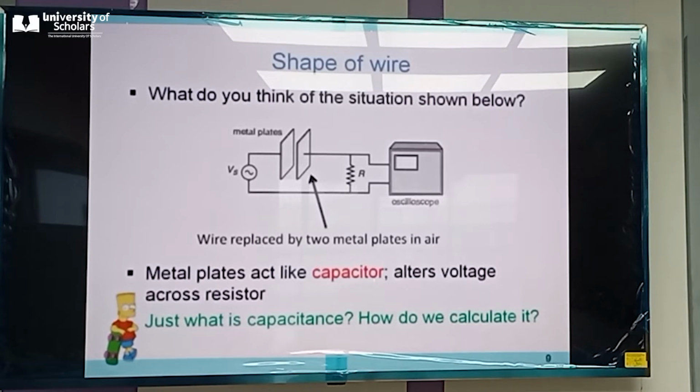Now let us do this exercise in which we take the wire, make it straight, but then cut the wire into two halves, basically replacing the mid portion of the wire by two metal plates.